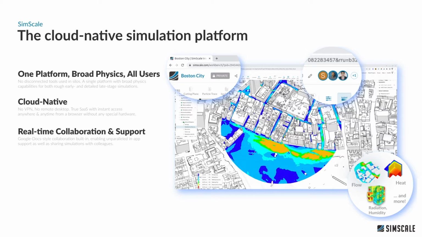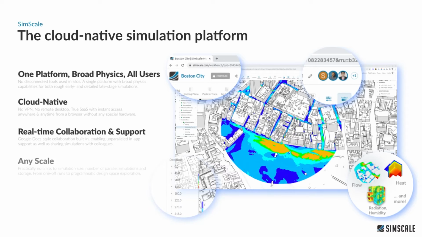And in case you are stuck and need some support, we have industry-leading in-product support. There's a chat box. Quickly open the chat. Within a few seconds, you can share your project with SimScale. You don't need to download any data. Just click a button, and the project is shared with our support agents, and they're here to help you and solve your problem immediately.